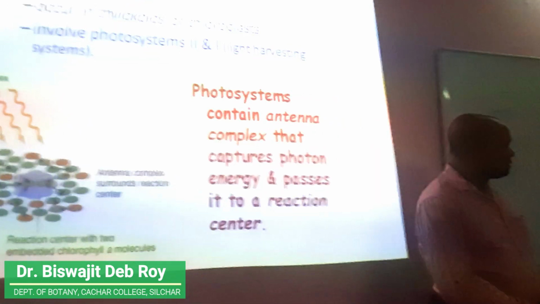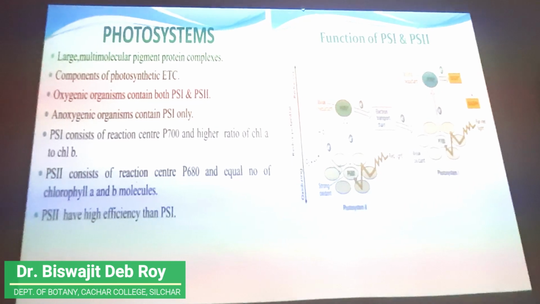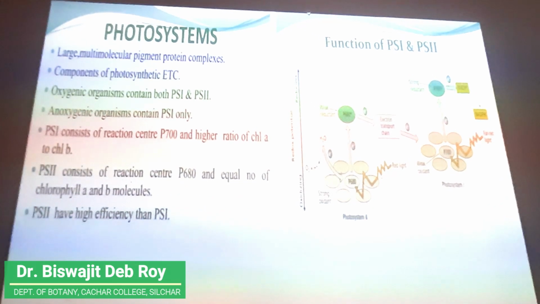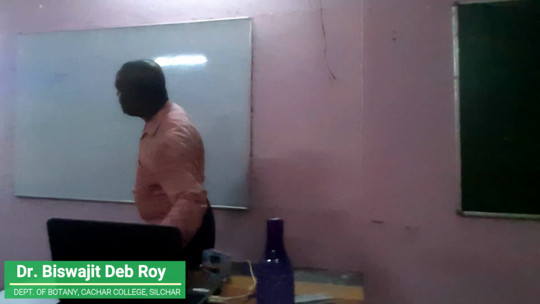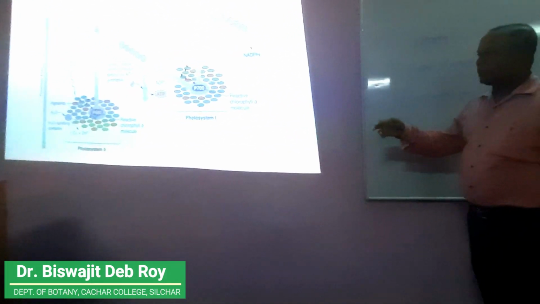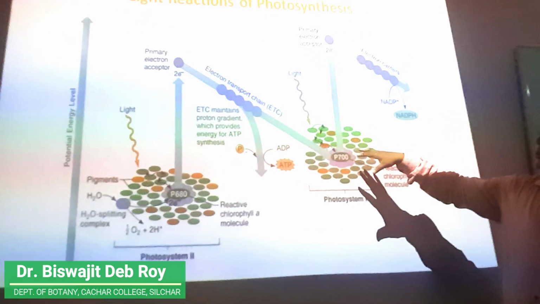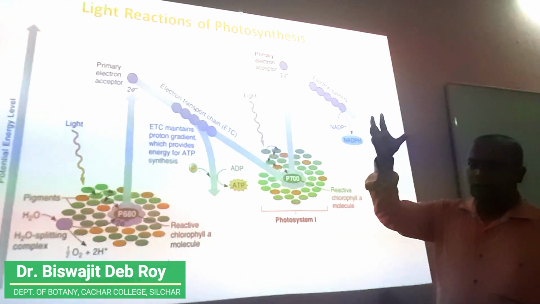Now what happens? You see how the light is absorbed. So the energy comes to the reaction center. What happens? You see, come to the slide. In the reaction center, the energy is transferred to the reaction center, where energy is captured by the antenna.